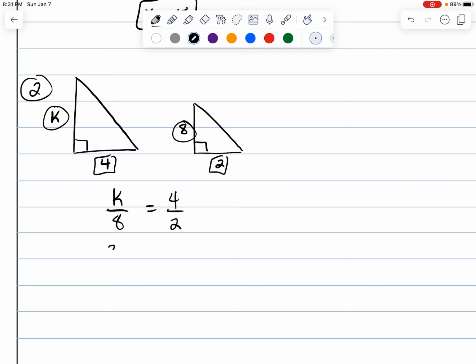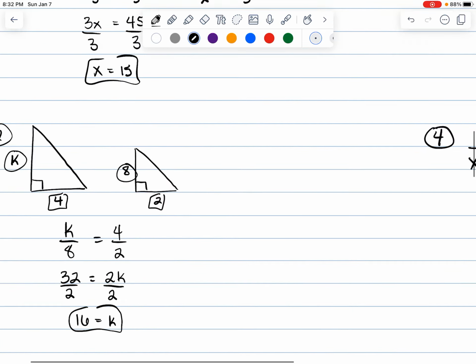So we have 4 times 8. 4 times 8 is 32. And 2 times k. So we have 2k here. Now, to get k by itself, we need to undo this multiplication of 2 times k. We do that by dividing by 2. So we have 32 divided by 2, which is 16.